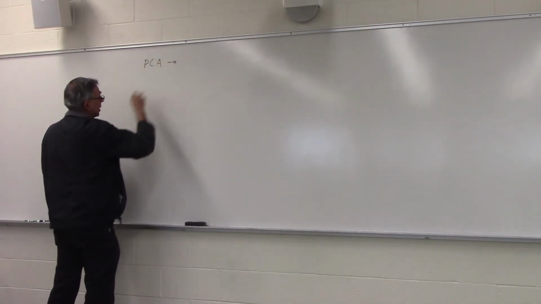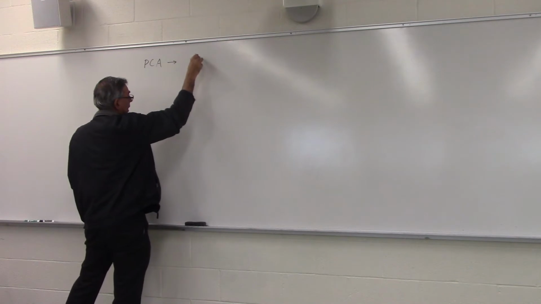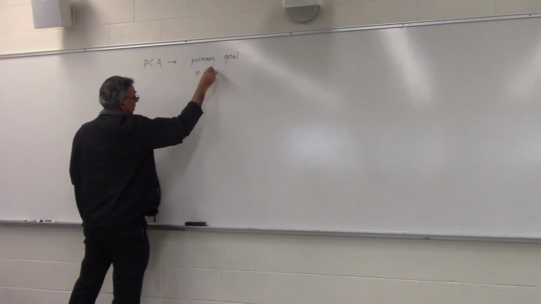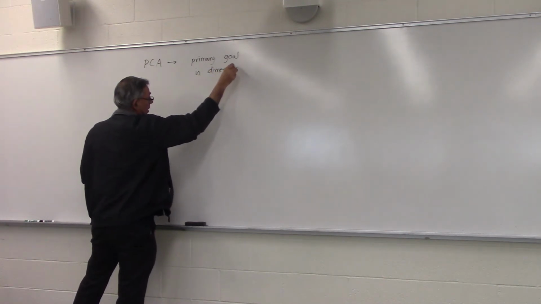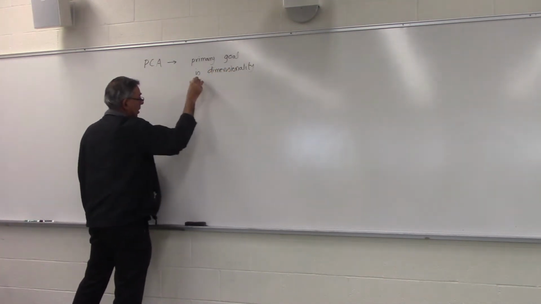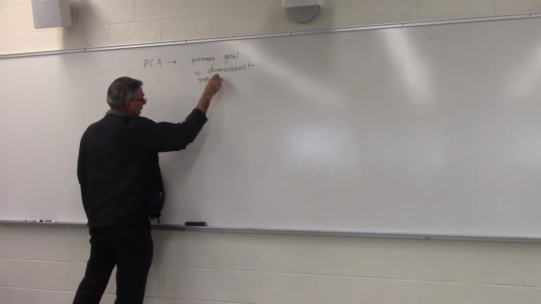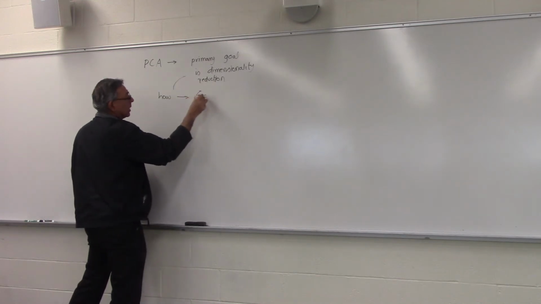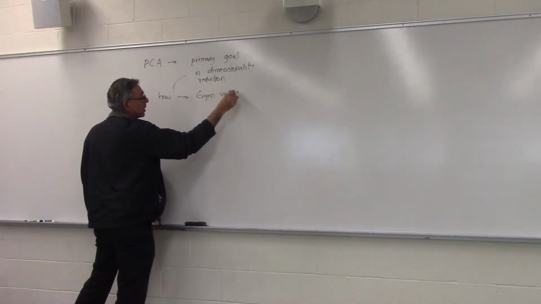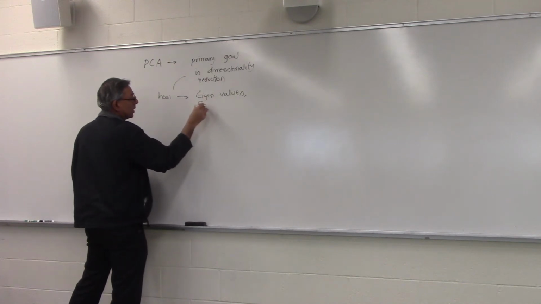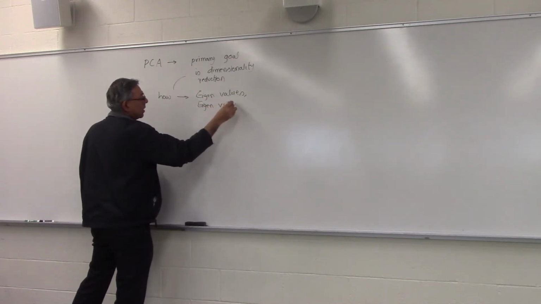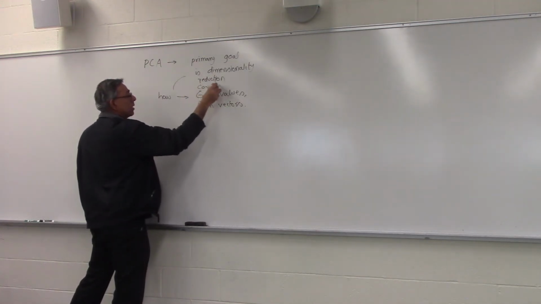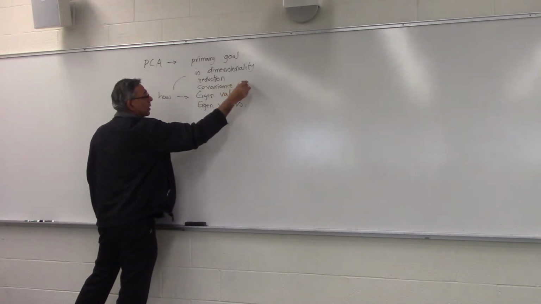As we discussed, the primary goal of PCA is dimensionality reduction. So how does it accomplish it? As you saw, internally it is based on the concept of eigenvalues and eigenvectors, correct? And eigenvalues of what? Eigenvalues of the covariance matrix.